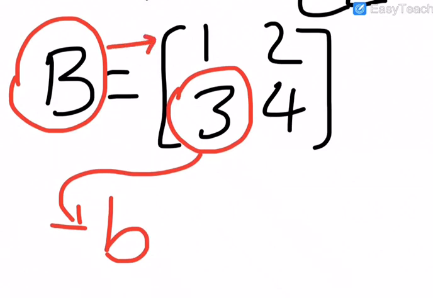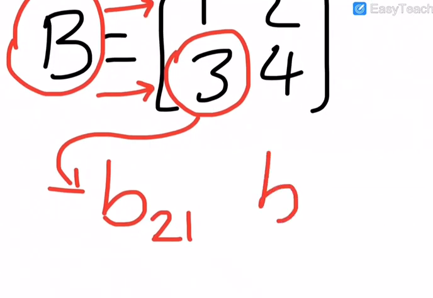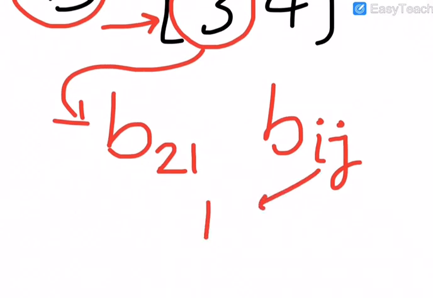This is the first row and this is the second row. We put a 2 here, which indicates the row, and then the column. This is the first column, so we put 1. So this is B21, meaning this element is placed on the second row and first column. In general, we call B_ij an element of the matrix, where i shows the row number and j means the column number.